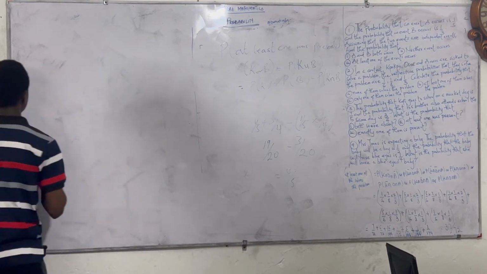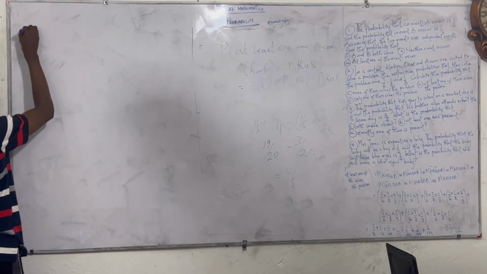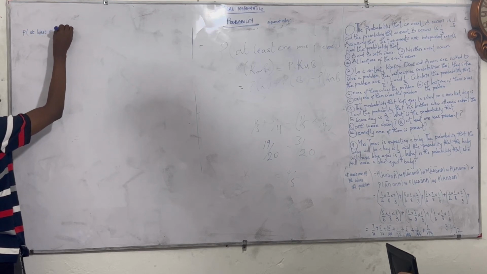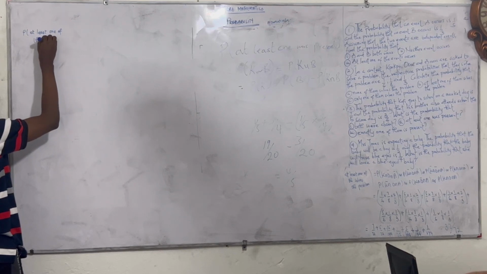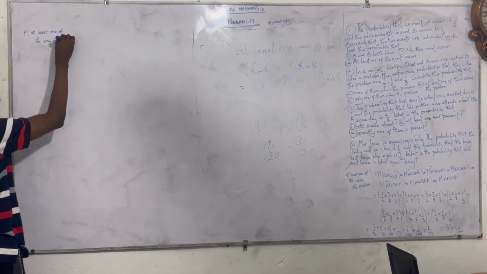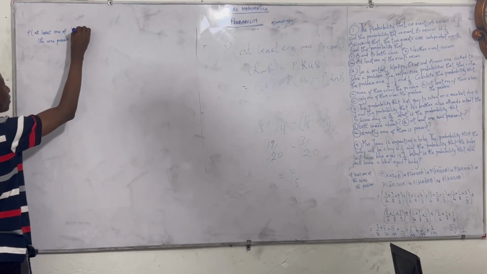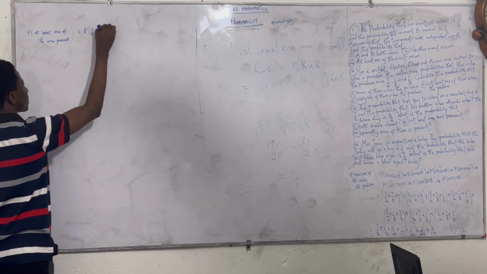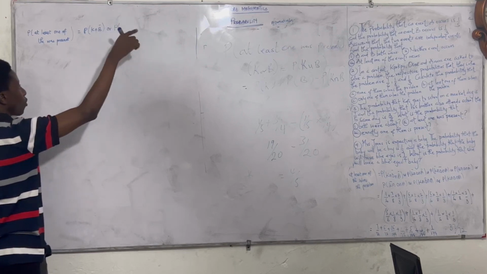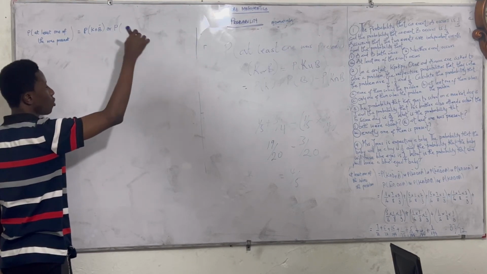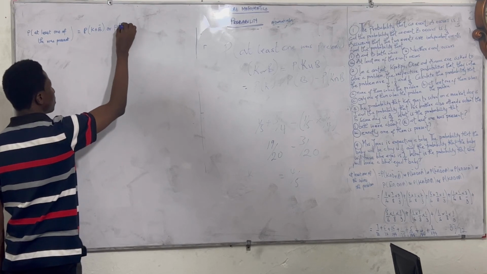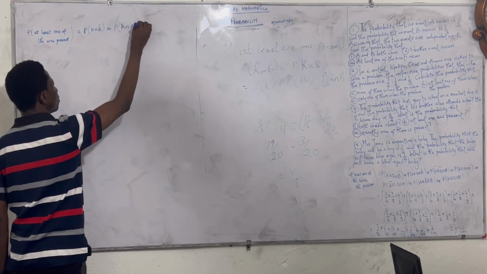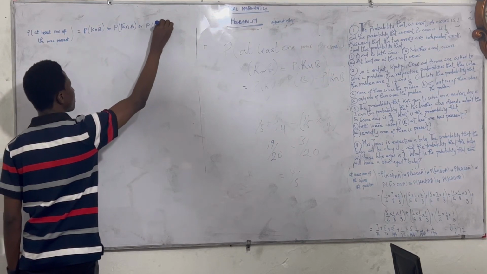Or another way is that at least one of them was present means the probability that Kofi was present and the brother wasn't present, or the probability that Kofi wasn't present and the brother was present, or the probability that both of them were present. I wish you know of this, because when you made the three set, you struggled trying to use this law, because the law is just for two parties.